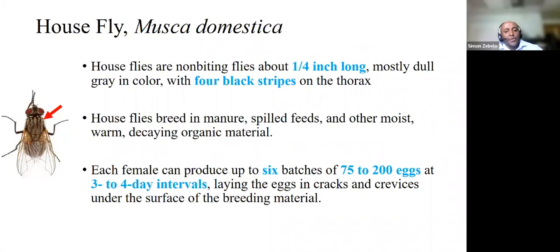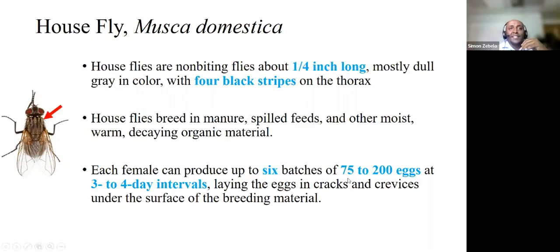Each female can produce up to 6 batches of 75 to 200 eggs at 3 to 4 day intervals. That's a huge number. Just a single adult female housefly lays 6 batches of eggs, each batch with 75 to 200 eggs, within 3 to 4 days.